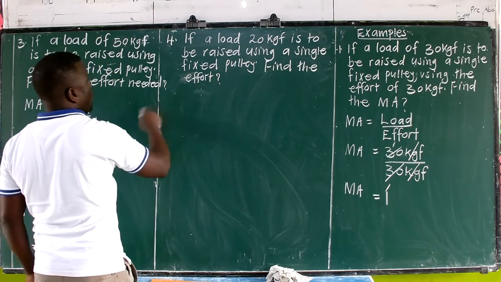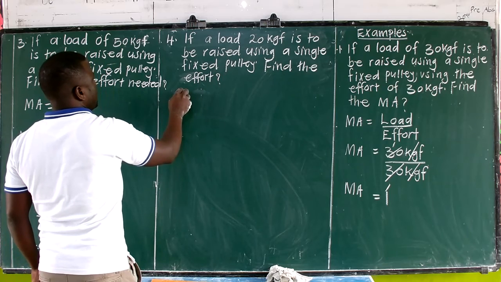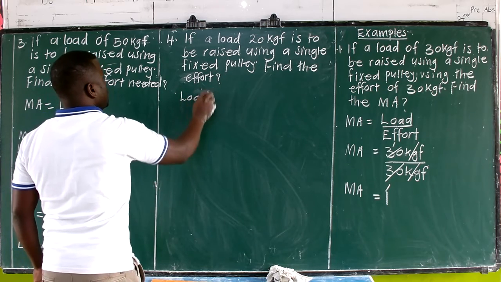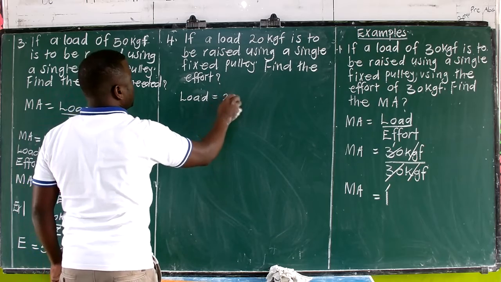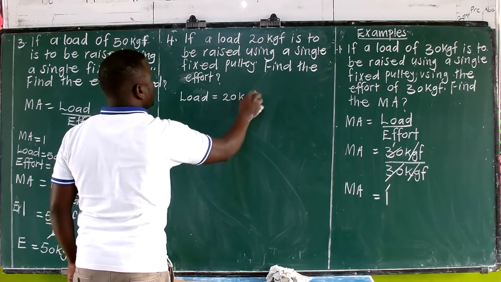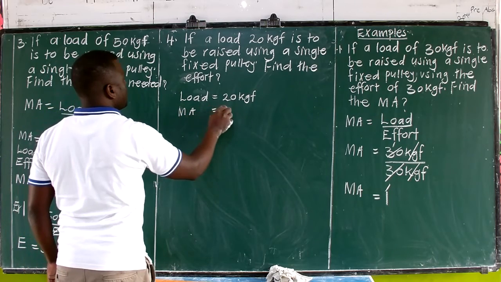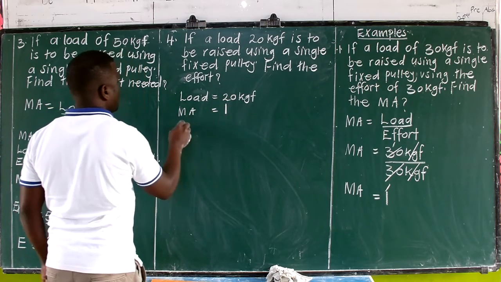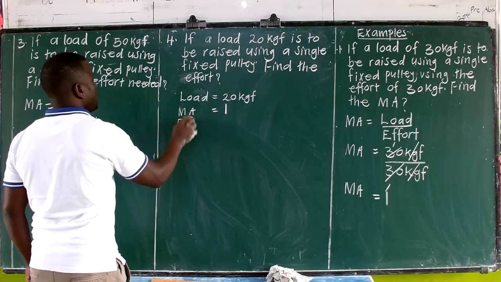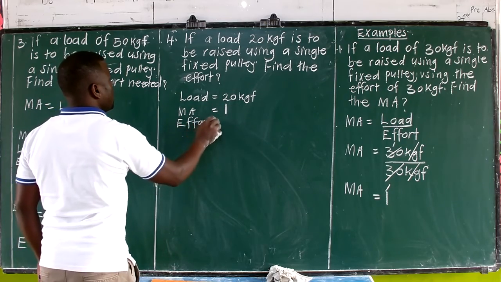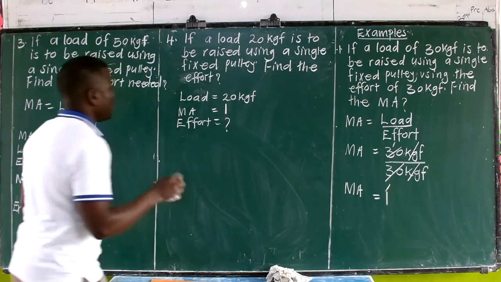So what is our load? Our load is 20 kilogram force. What's our mechanical advantage? Our mechanical advantage is 1. And what's our effort? We don't know, and that's what we're going to find.